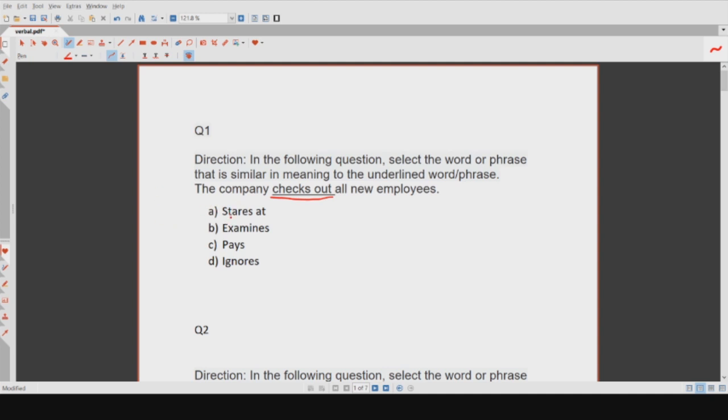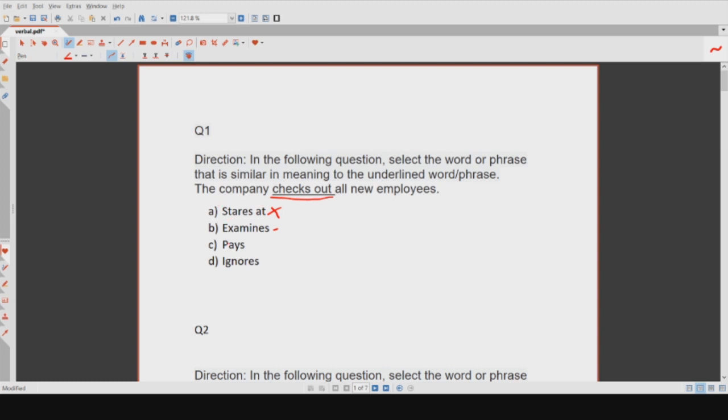The company stares at all new employees. No, that doesn't make sense at all. Next option was examines. The company examines all new employees. Yeah, it makes sense, but we will look at other options too to be sure.